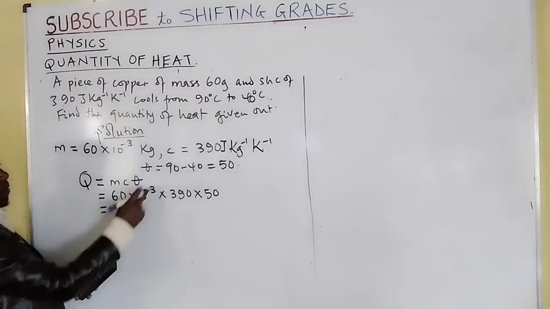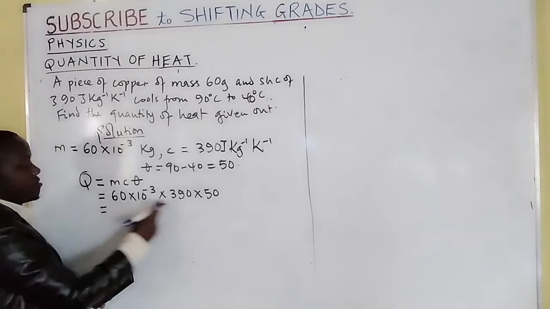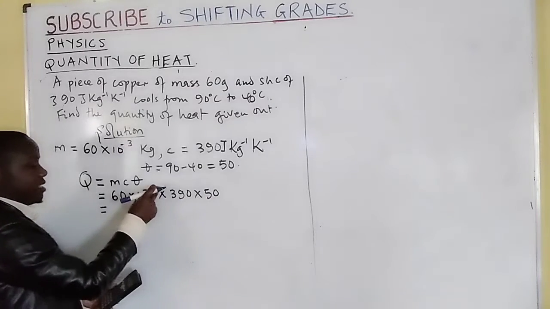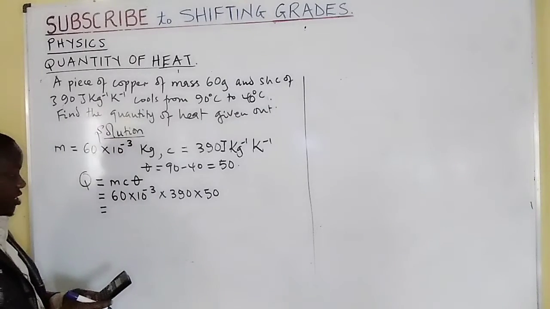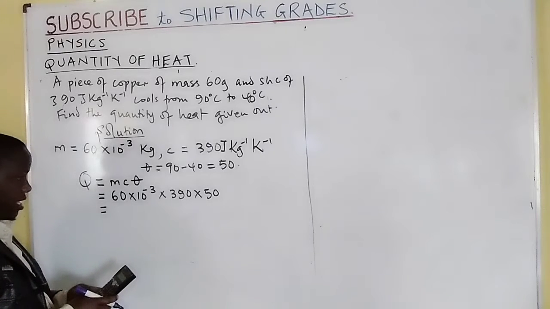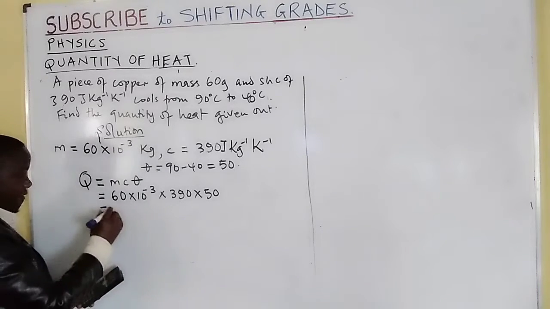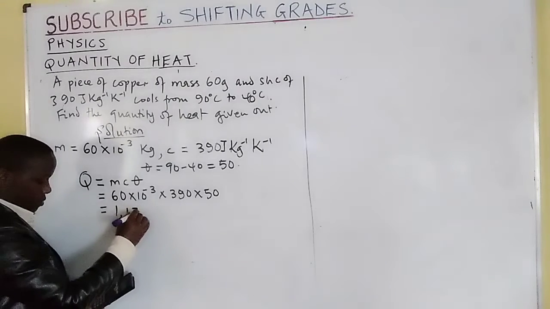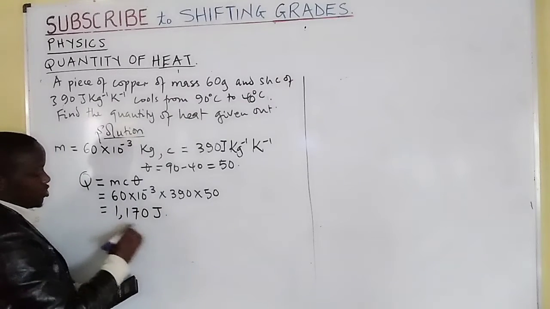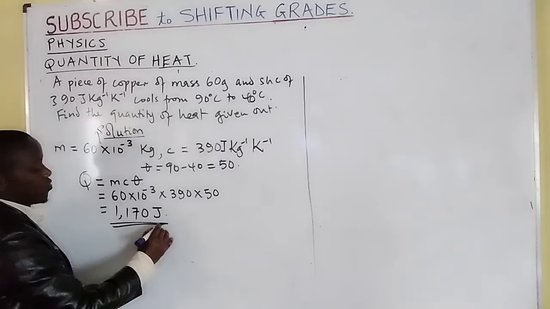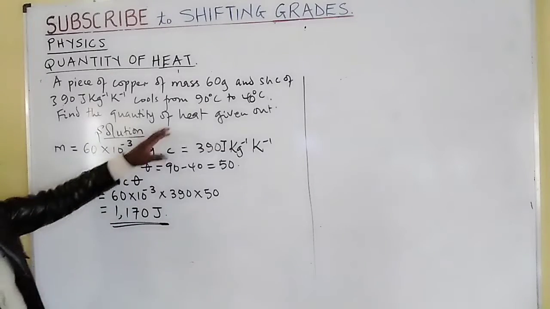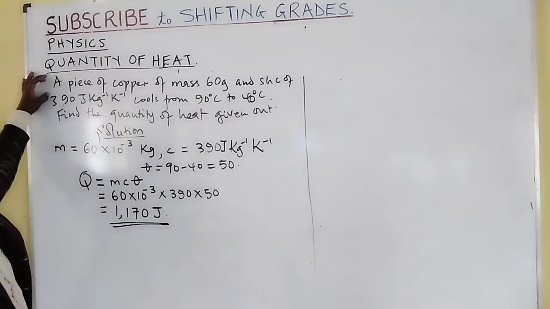So instead of 10 power negative 3, we can have this 0 and this 0 cancelling. So we multiply 6 by 39 by 5. So this is the quantity of heat which was released out when this metal of copper was cooling.